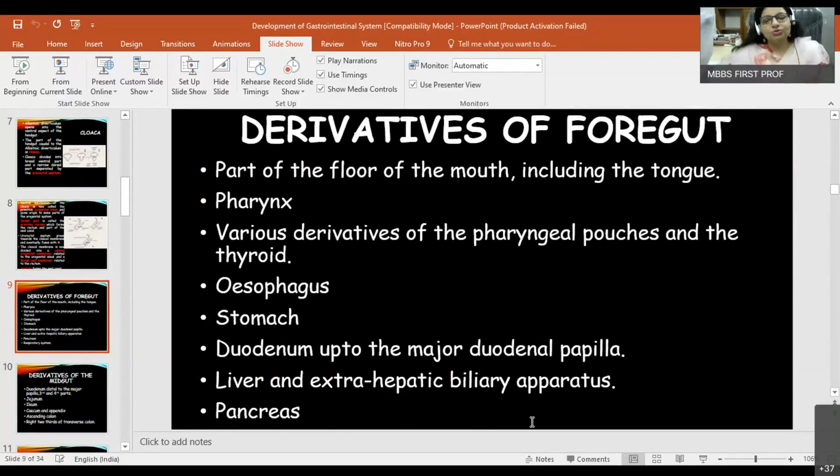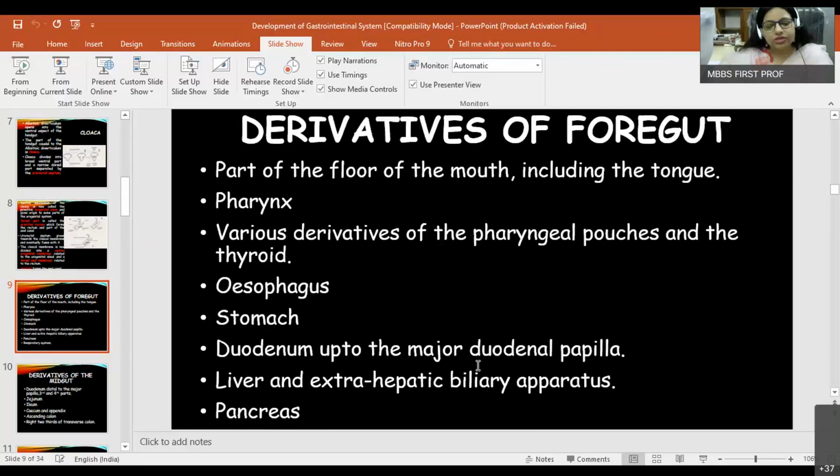So, coming to the derivatives of foregut. Now, foregut is related to the stomodeum, so it will form the floor of the mouth, tongue, pharynx, pharyngeal pouches and thyroid, along with the esophagus, stomach, duodenum up to the major duodenal papilla.